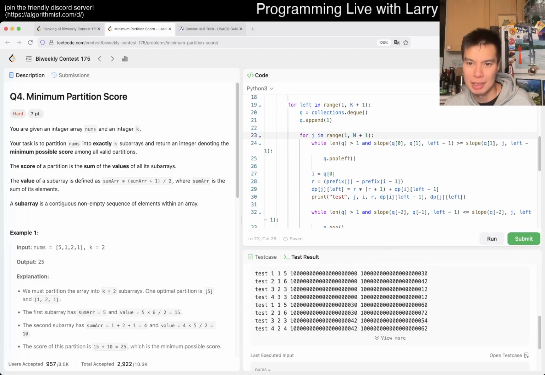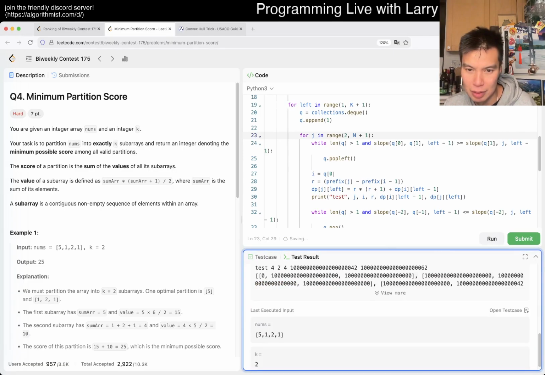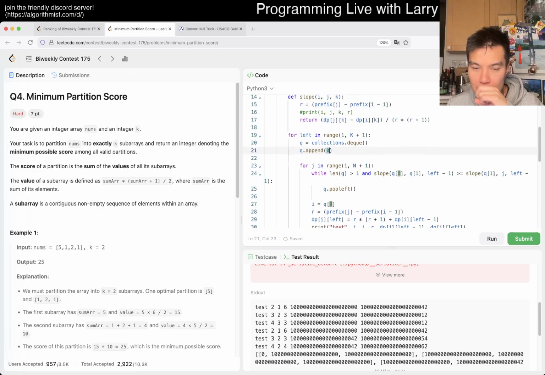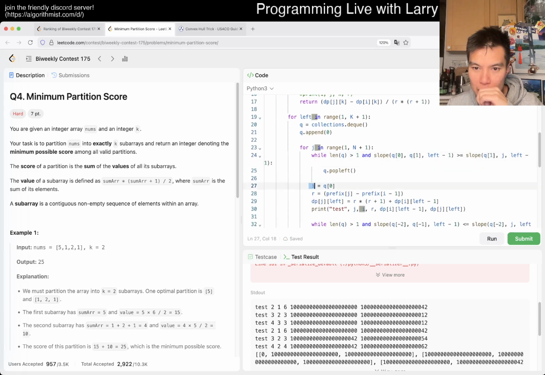That doesn't really make sense either. Okay, so the Q should be the nums, right? So then now, okay, so this is actually fine, maybe. It's just that we need this to go here and look at it.